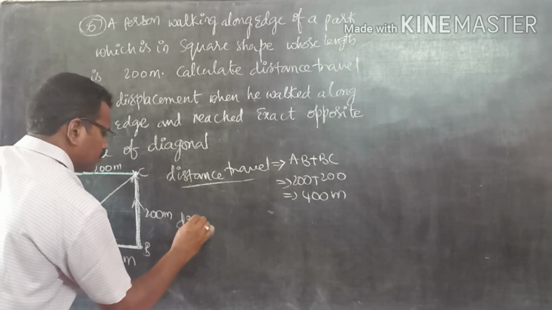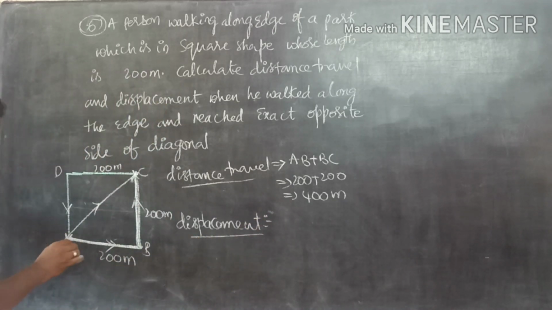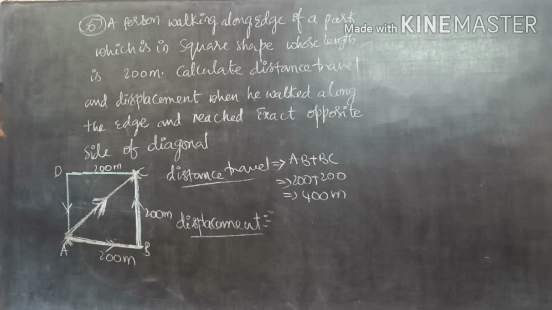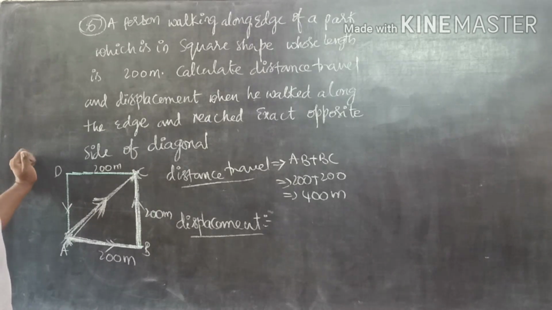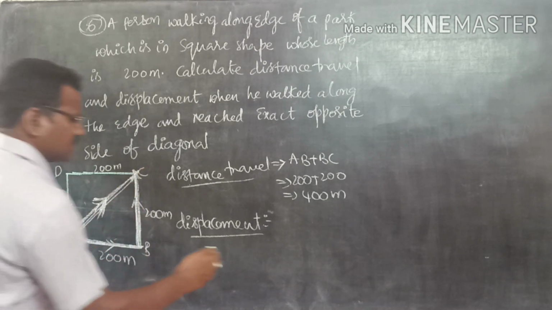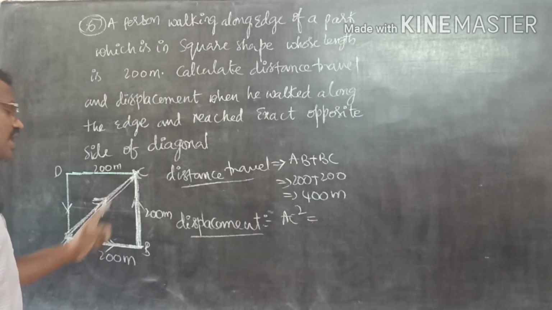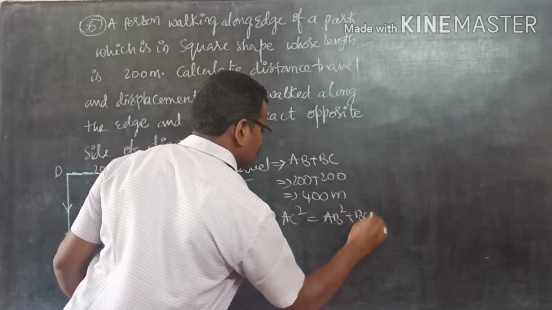Now I require the displacement. Displacement is nothing but the shortest path between the initial point and terminal point. It is a vector quantity represented in the direction of AC. Observe here, this is in the form of a right angle triangle. We require the diagonal of this right angle triangle. As per the Pythagoras theorem, the square of the hypotenuse, AC square, is equal to the sum of the squares of the other two sides, that is AB square plus BC square.